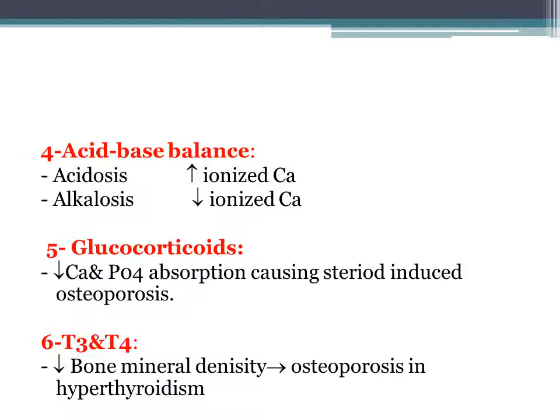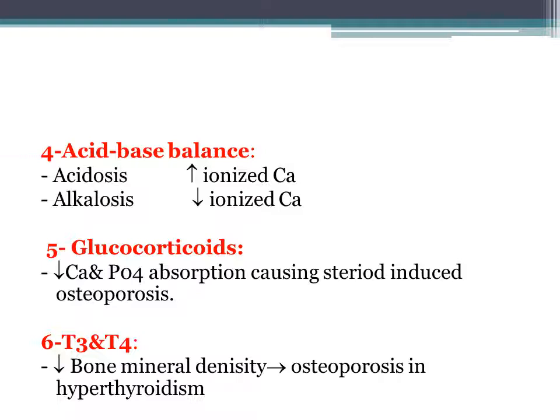There are other less important things which control calcium level in our blood, like acid-base balance, glucocorticoids, and the thyroid hormones. For acid-base balance, any disease causing acidosis increases ionized calcium. Any disease causing alkalosis decreases ionized calcium. And we said before that ionized calcium is the active form of calcium.